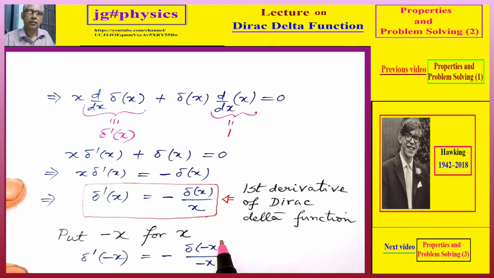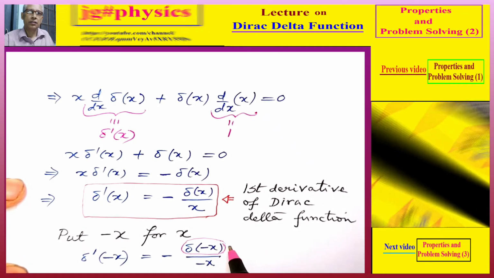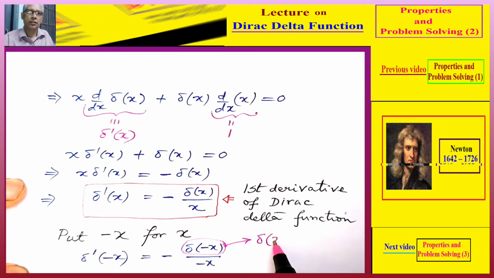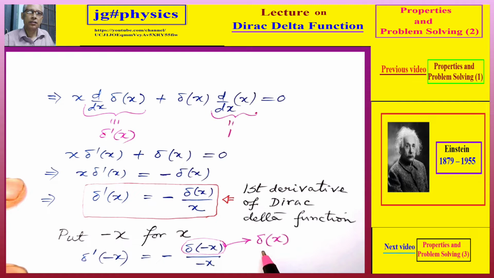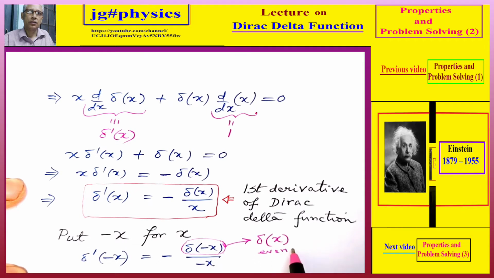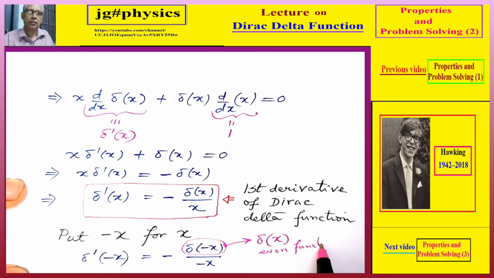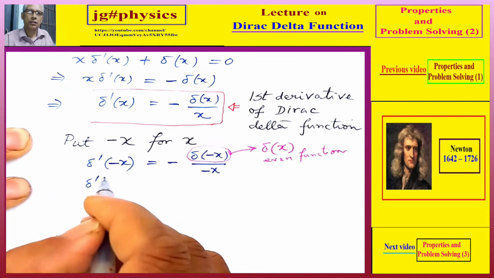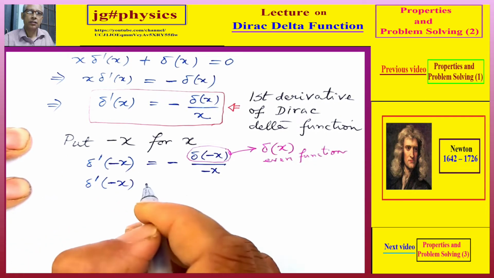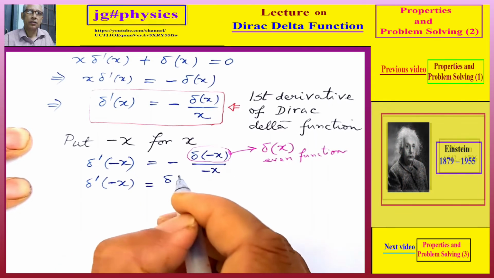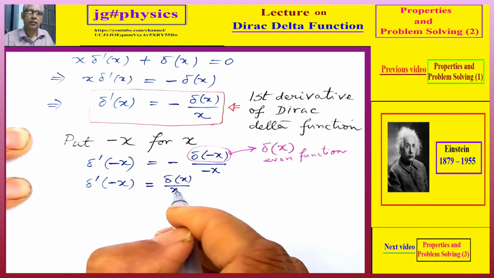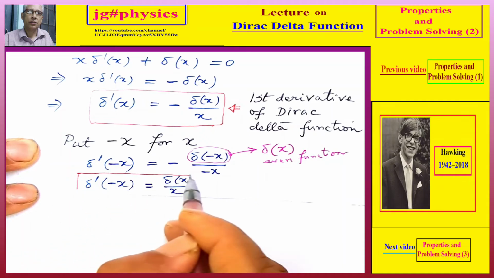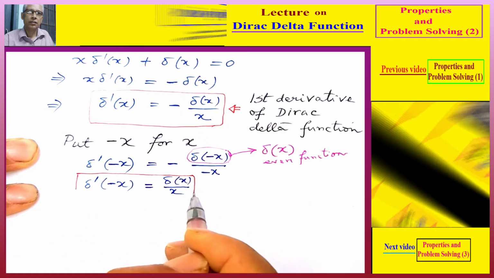Now delta of minus x is just delta of x because Dirac delta function is an even function, and therefore we have delta prime of minus x to be equal to delta of x by x, it being equal to minus of delta prime of x as we have shown just now.